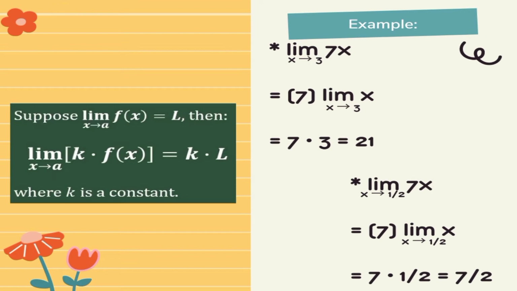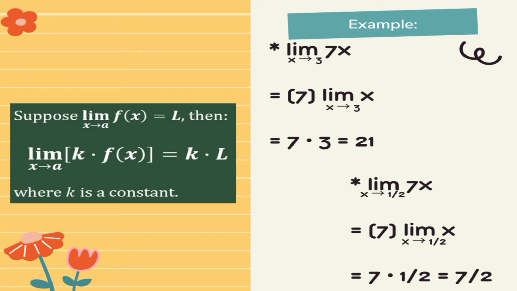Then we are going to bring down the 7, then apply the rule number 2. We are going to get the value of where the x approaches, which is 1/2, then simplify. 7 times 1/2 is equal to 7 over 2. So that is the limit of a constant multiple rule, theorem number 3.